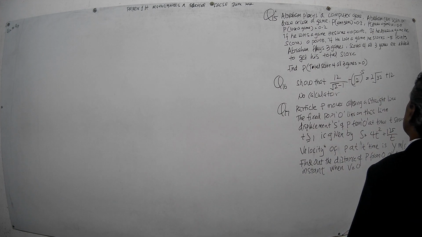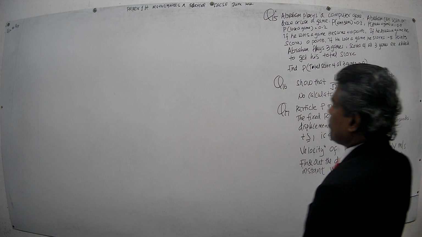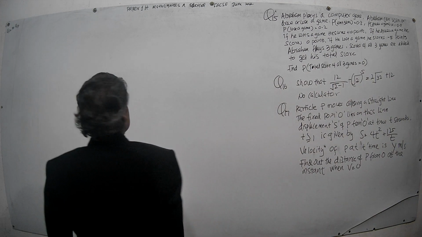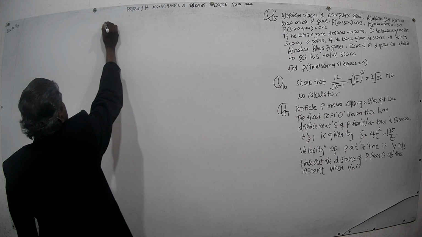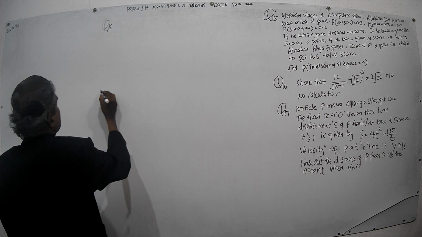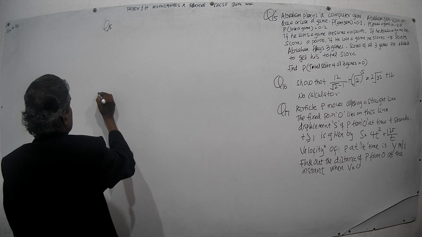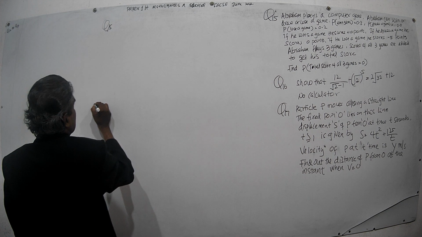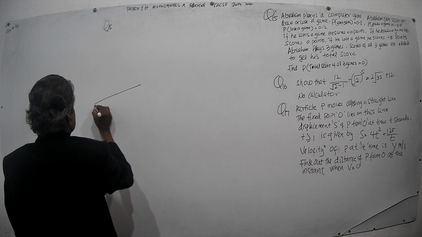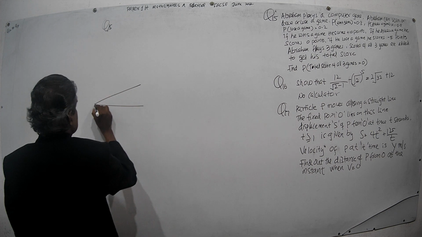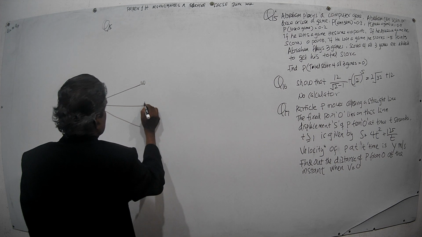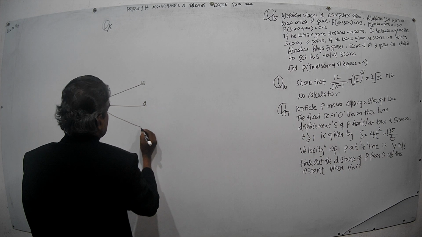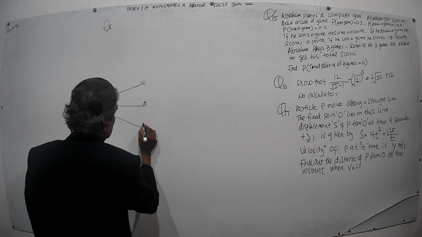Then we have to draw a tree diagram. It is easy. This is Q15. Now we will draw the tree diagram. This is the first game. There are 3 possibilities: one is win, another is draw, another is lose.